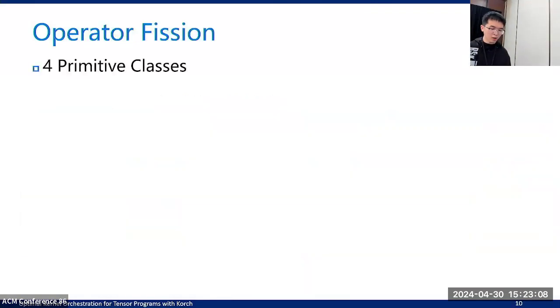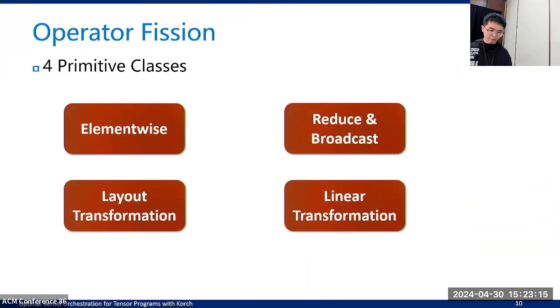So first part, operator fission. Korch applies operator fission to decouple each tensor operator into 4 classes of tensor algebra primitives, and each of the primitives will carry basic algebra calculation with a unified degree of parallelism and data access pattern. Based on the relationship between the input and the output elements, we have first element-wise primitives, including element-wise add, element-wise div, and some activation functions.